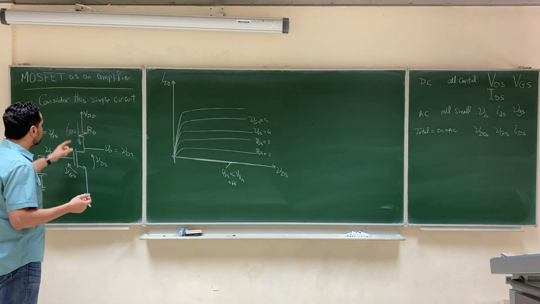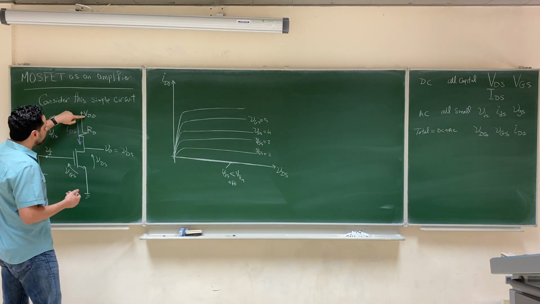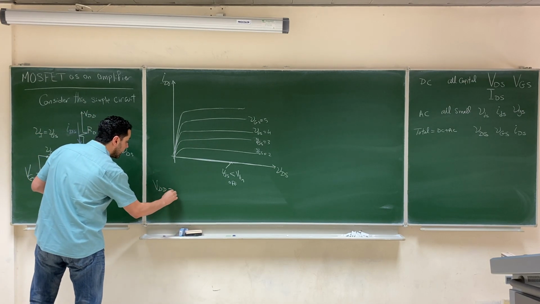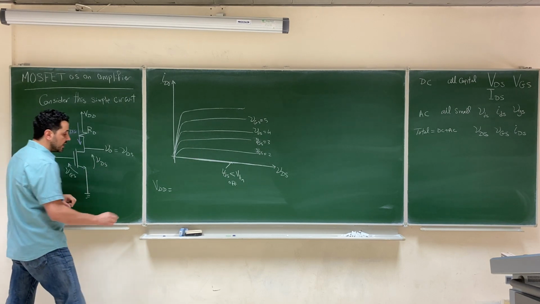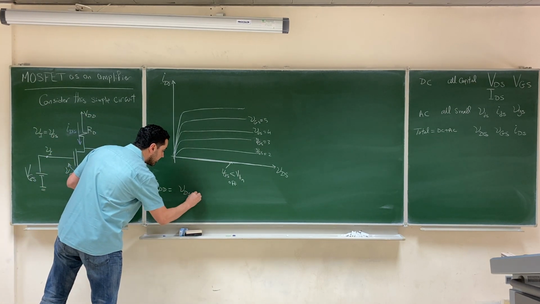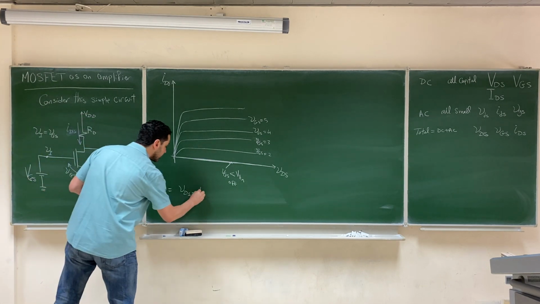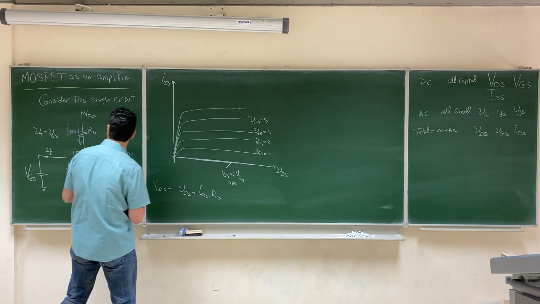For example, if we consider this loop between the drain and source, we can say that the voltage VDD equals the output, which is VDS, plus the drop across this resistor, IDS RD, right?